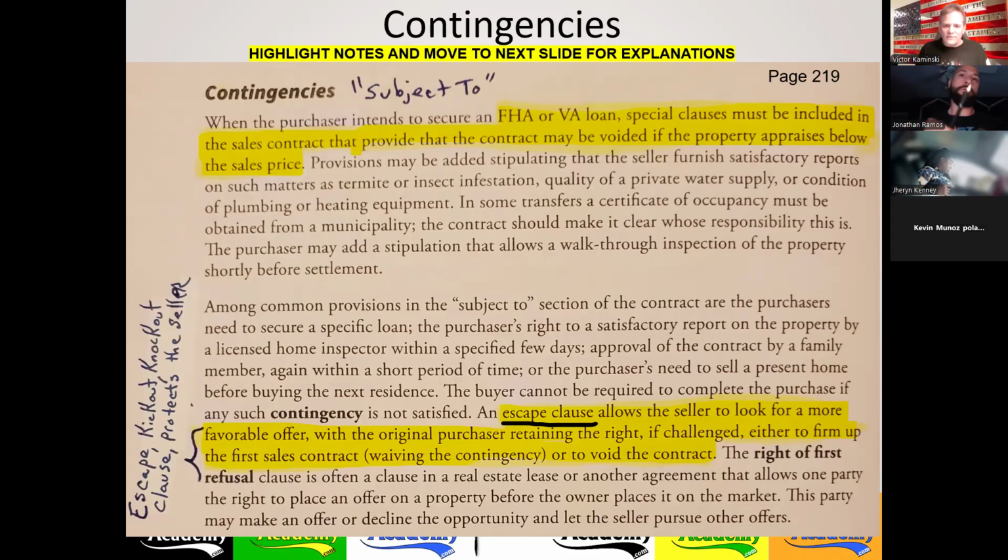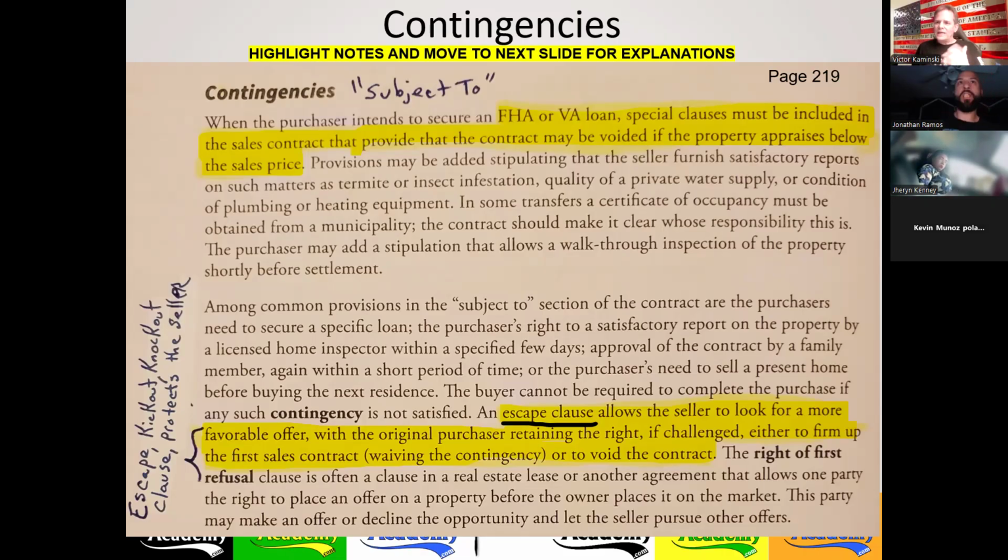Okay. So if the seller is going to accept your offer contingent on the sale of your current home, well, we'll only accept that if you allow us to continue marketing the property. And if we find another buyer that makes an offer, we could come back to you and ask you to remove that as a contingency. And if you're not ready to, well, we can't be held here waiting for you to sell your home.